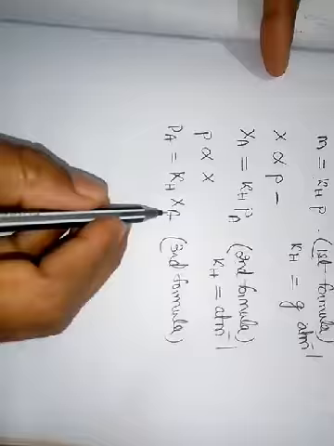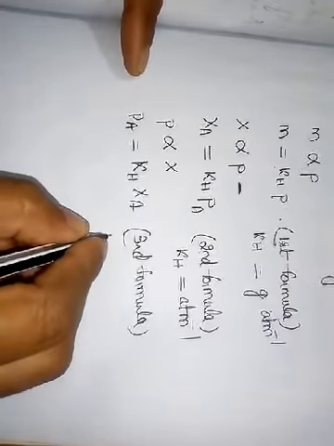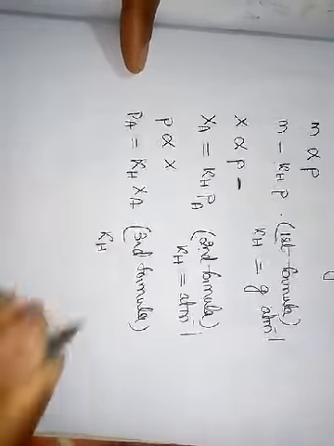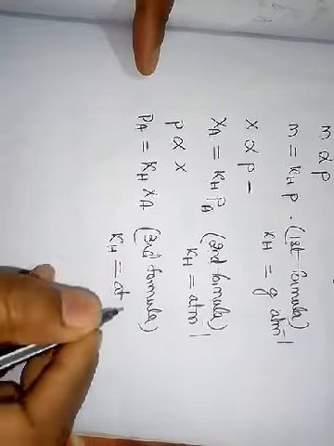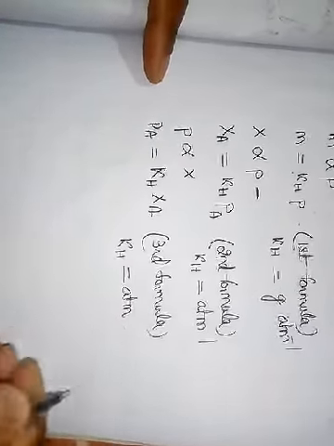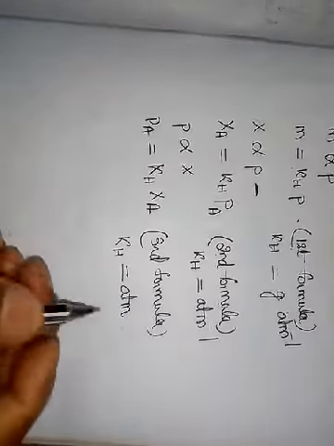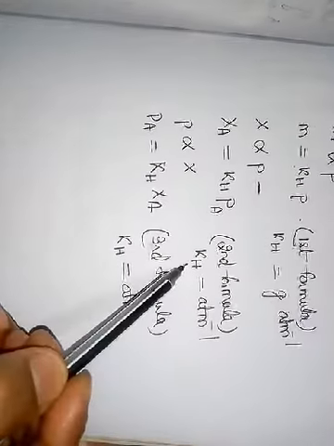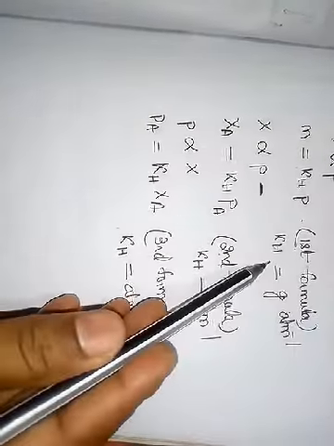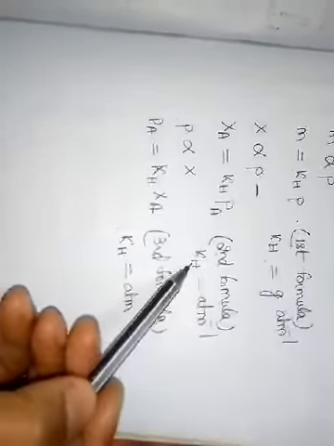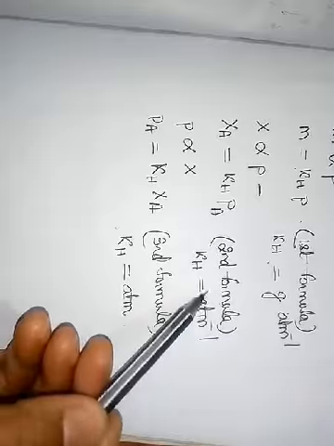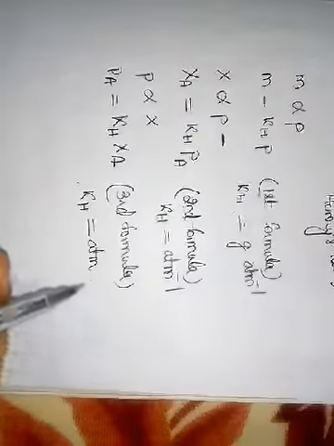If we consider the third formula, then the unit for Henry's constant comes out as the unit of pressure, or simply atm. Depending upon the units of Kh, we can decide which formula for Henry's law is to be used to solve that particular numerical. We'll take up the numerical now.